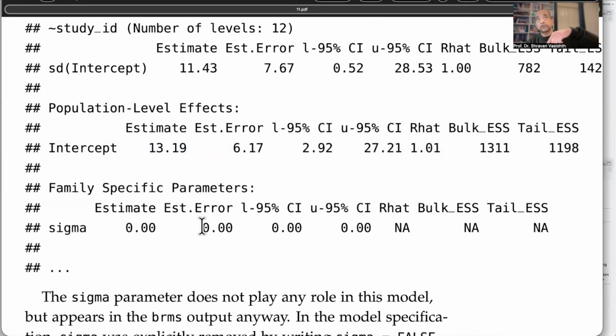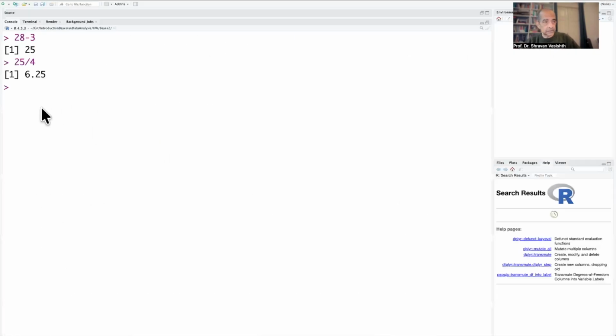So if I were now doing a future study on similarity-based inference of the type that Julie Van Dyke did, what I can now do is build on her work. I can build on what she learned from all her studies by including an informative prior that has mean 13.19 and standard deviation 6.25.